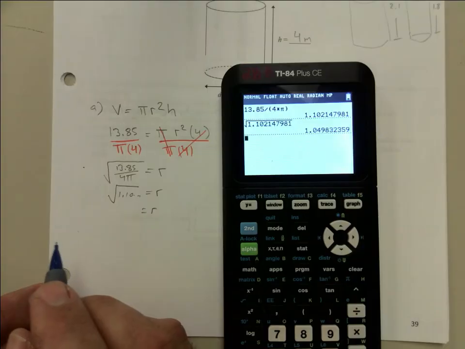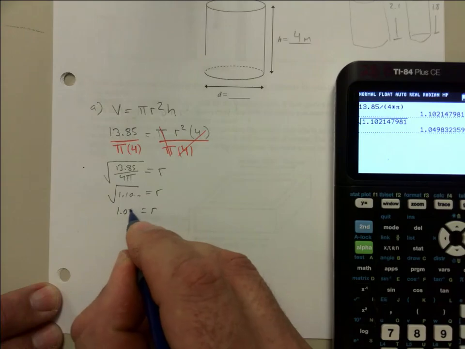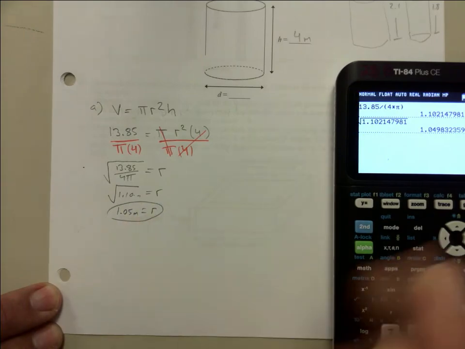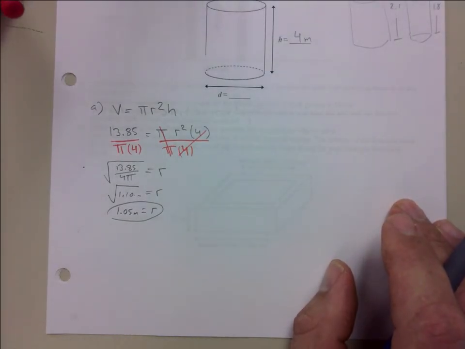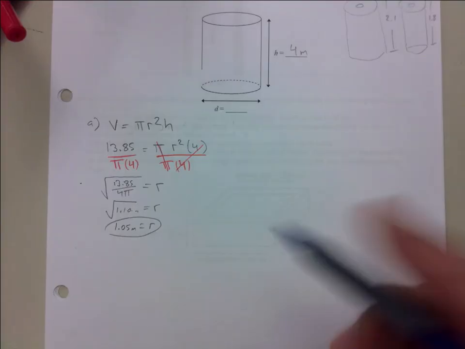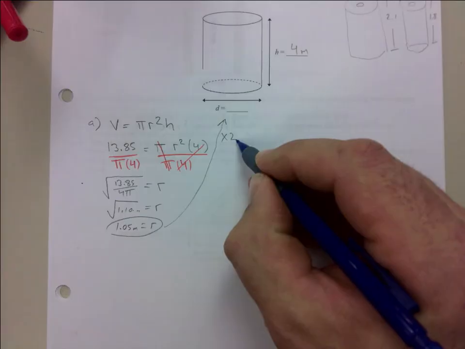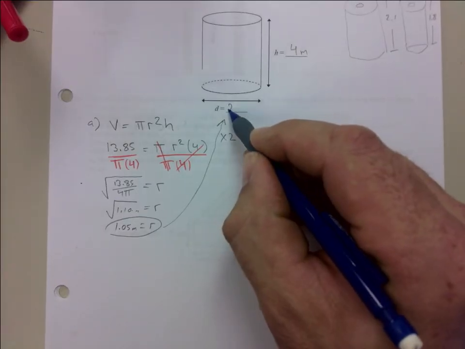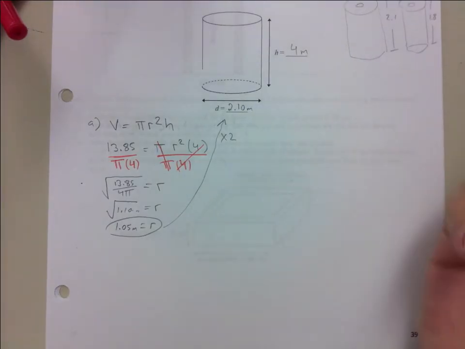That's 1.05. Round it. So now we want the diameter. To get this, we're just going to multiply our radius by 2. So that would be 2.10 meters. So now we have that.